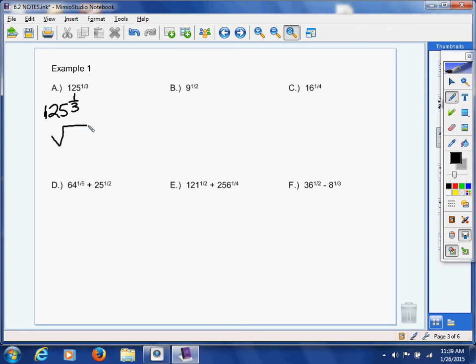The 125 is the radicand under that root sign. The 1 is the exponent on the 125. And the 3, the denominator, is the index underneath. Okay, so that's really all it is. It's a radical. It's a cube root. They're asking us to find the cube root of 125. That's really all that's going on here.